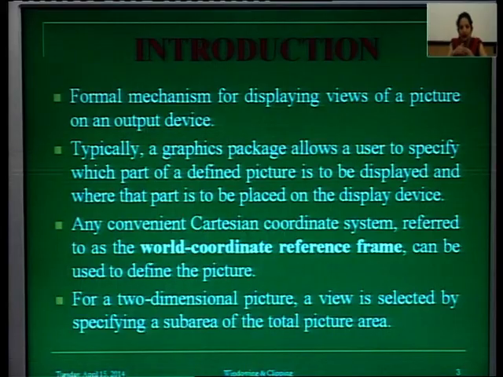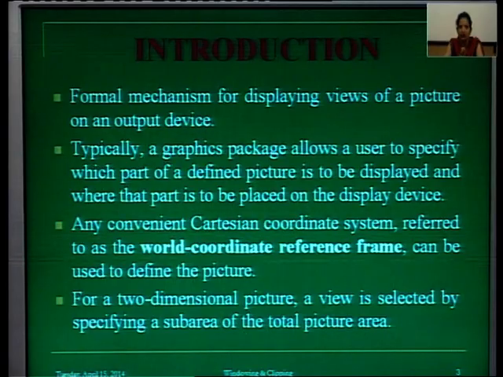So till now in the previous lectures we have created various primitives using the scan conversion of a line, of a point, of a polygon, curves, circles, ellipses, etc. Then in the next lectures we transformed those objects, so that we can change the size, orientations, positions, and we can create the double copy, mirror image of those objects.